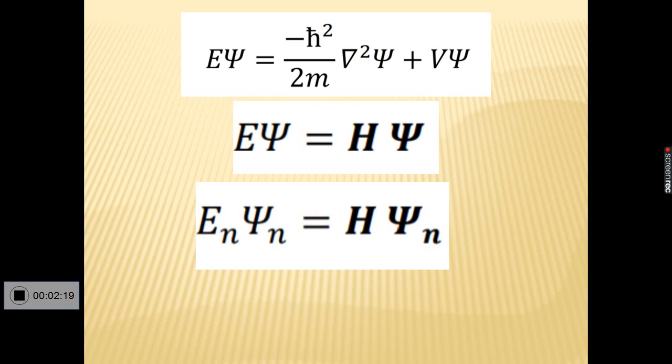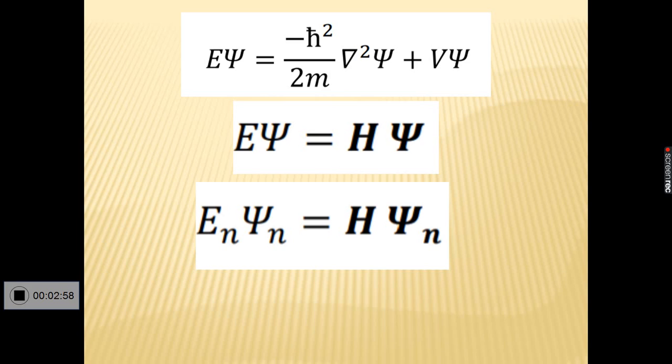So we can write the equation in general as H psi n equal to En psi n: the Hamiltonian operator operating on the nth wave function, or wave function of the nth state, gives the energy of the nth state times the wave function of the nth state.